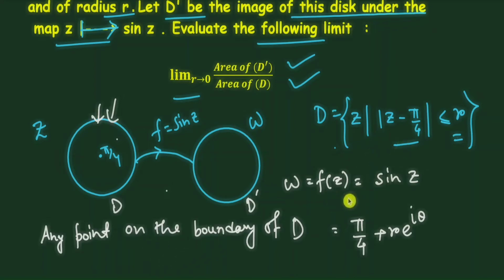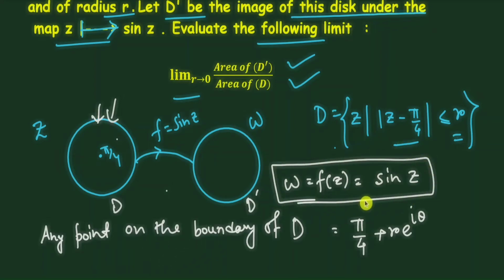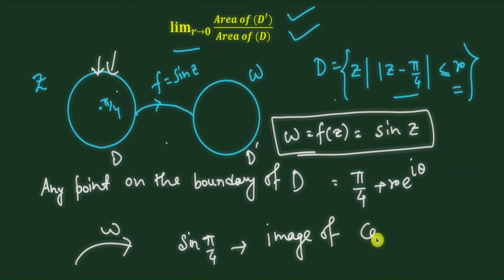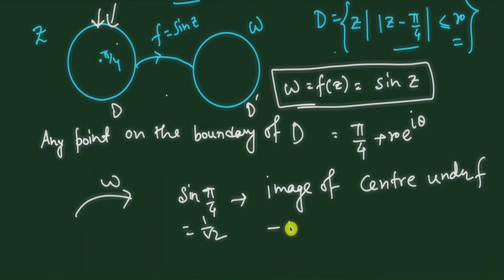And this mapping is f of z equal to sin z. So the center pi by 4 maps under this map, z to w, to sin pi by 4. This is the image of the center under f, which is equal to 1 by root 2 in the w plane.